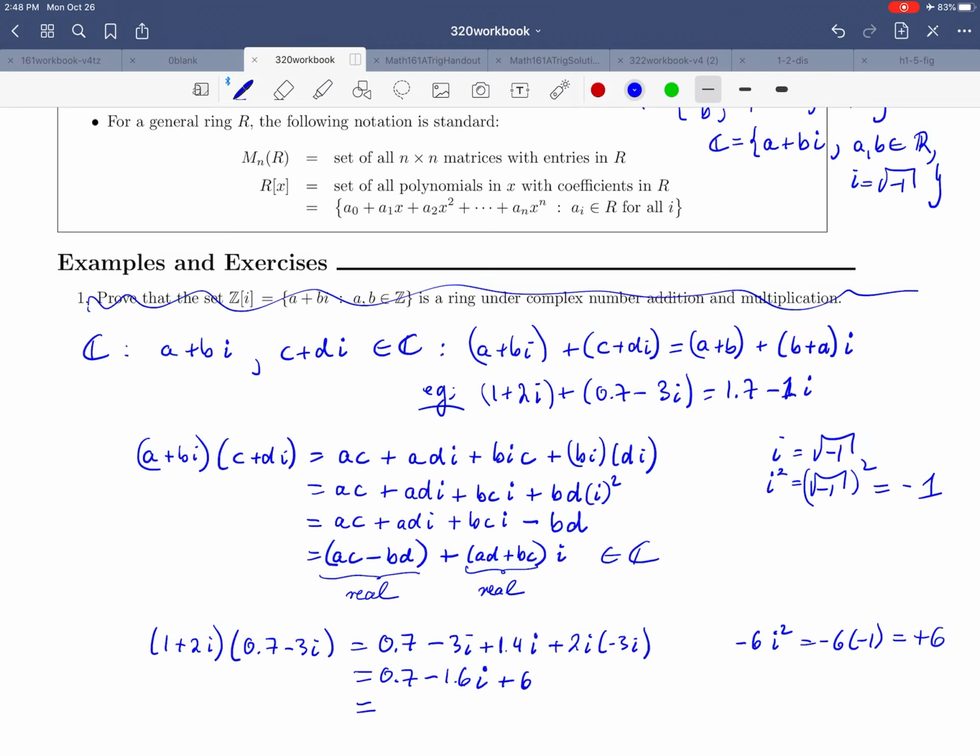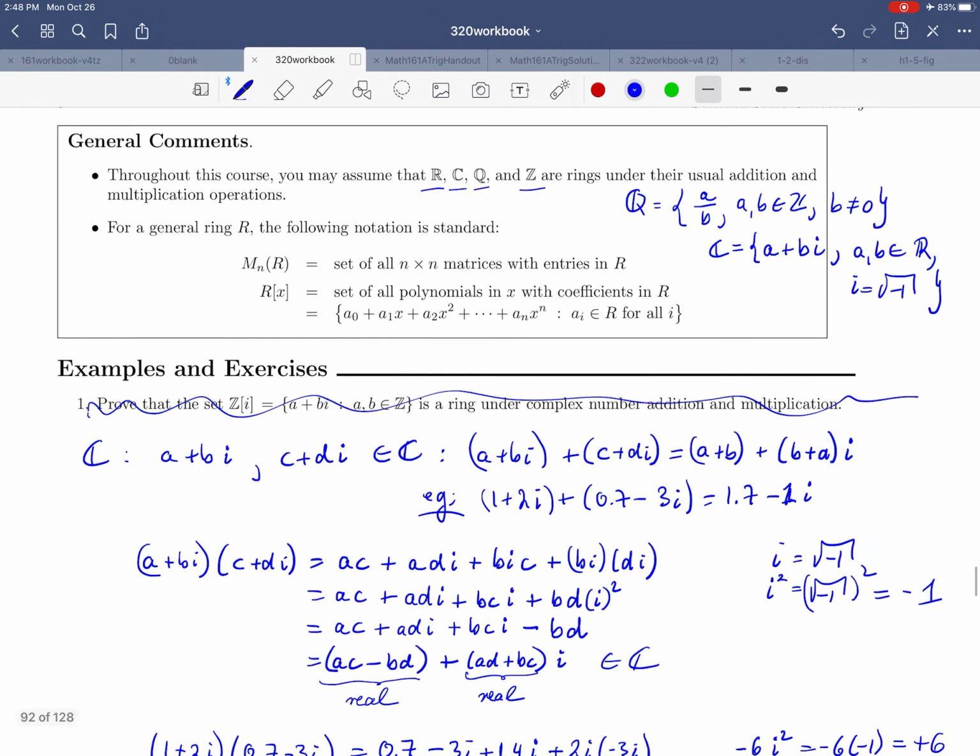So I can do a little bit of cleanup. What do I have? I have 6.7 minus 1.6i. I hope I did all the arithmetic right. But we see again that this is a complex number. We've written it in the form of a complex number. So that's how addition and multiplication of complex numbers works.